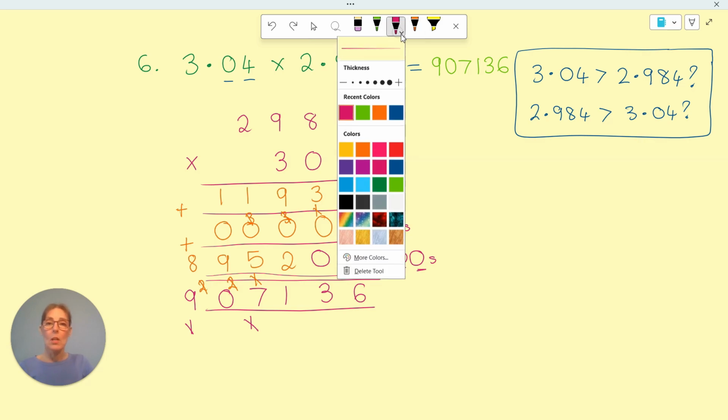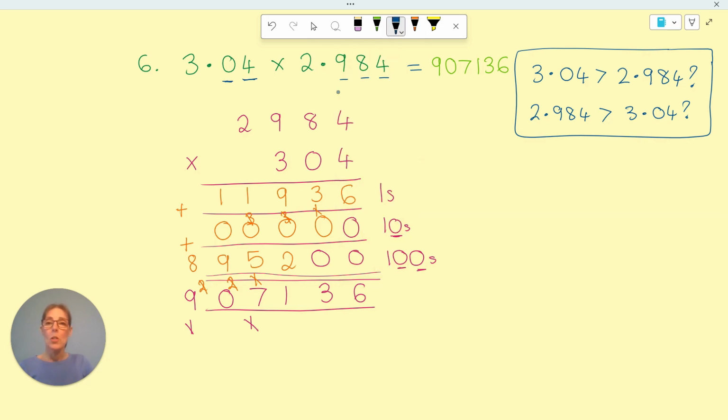We've got 1, 2, 3, 4, 5 decimal places to put in. So the answer is 9.07136. Yes.